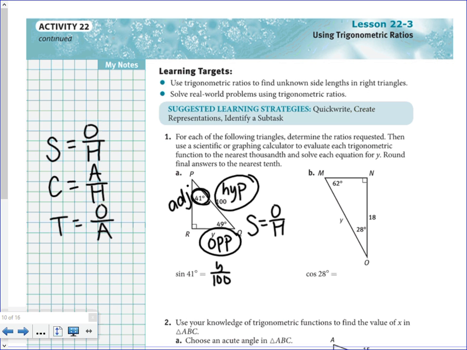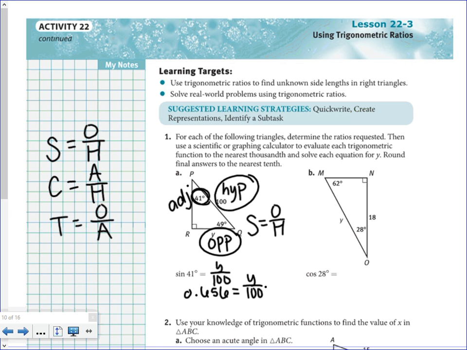So first thing you do now, you need to find the sine of 41. So if you use your calculator, sine of 41 is 0.656. And that is equal to y over 100. Now this from here is an algebra problem. You're trying to solve for y. You are dividing it by 100.